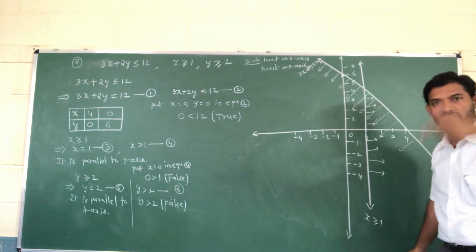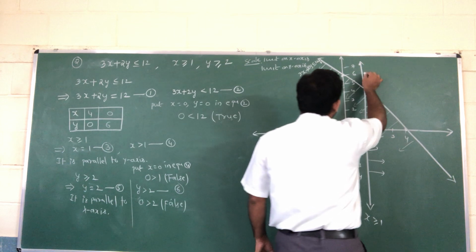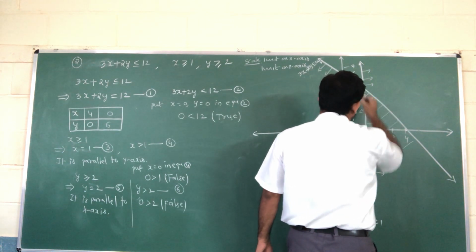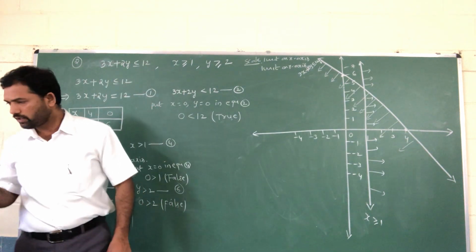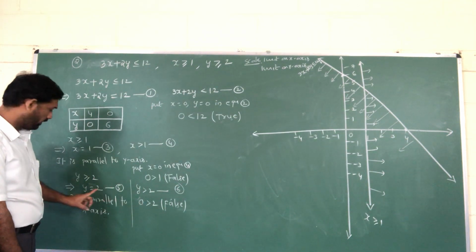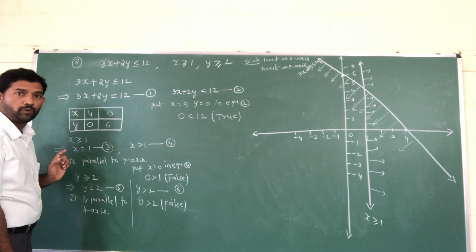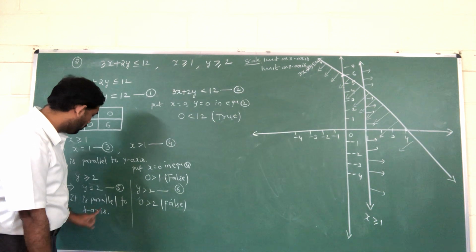So then one more is there. What is that next term? Fifth and sixth inequalities. So y equal to 2 means where it is parallel to the x-axis.